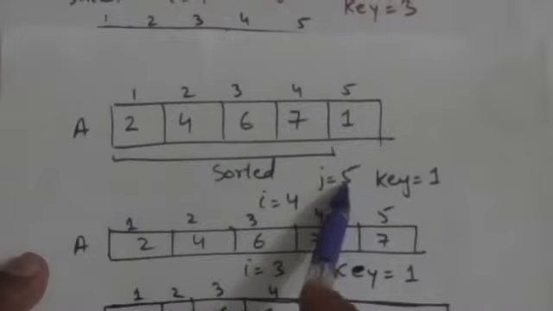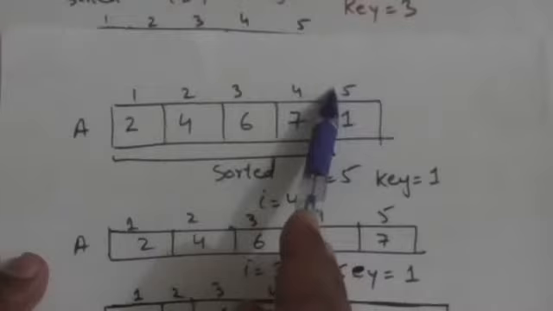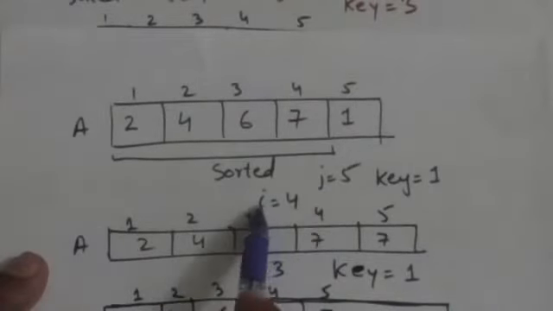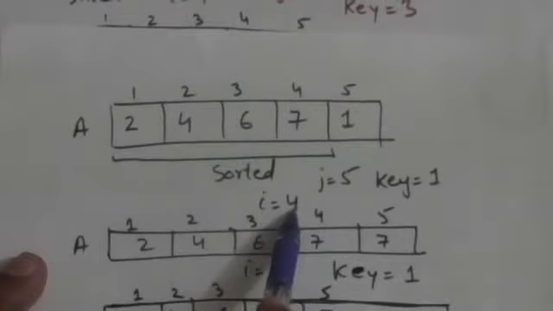Now this element is stored at index 5, so here the value of variable j is 5. The value which is stored at index j, that is index 5, is 1. So the value of variable key is 1. Now the value of variable I is j minus 1, so the value of variable I is 4.